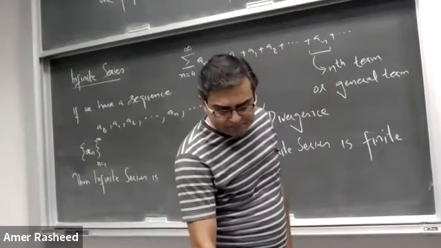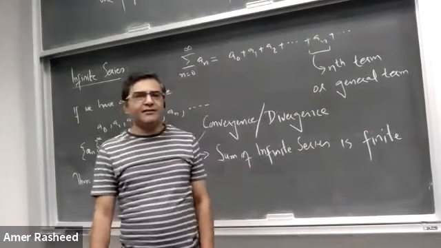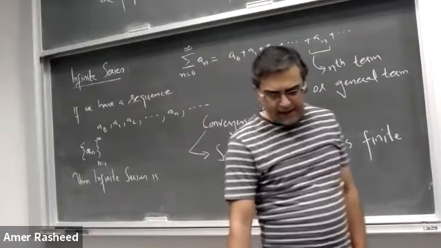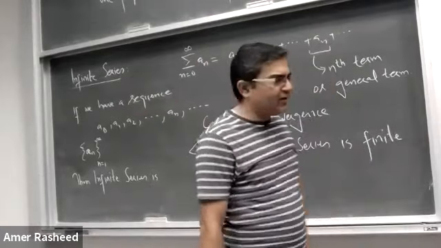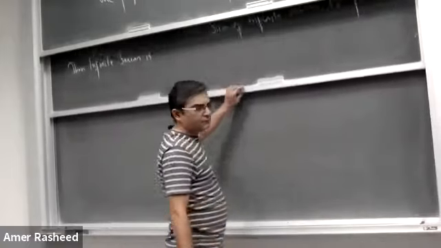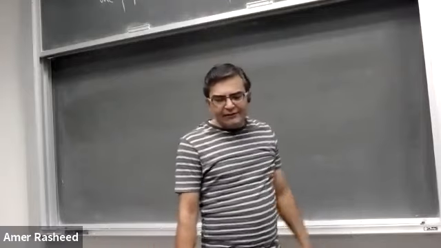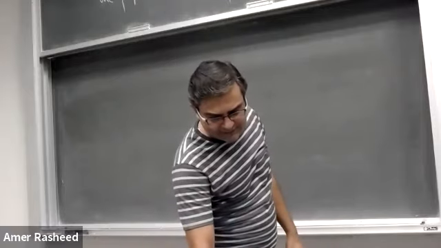So how do we compute whether a given infinite series is convergent or not? We basically construct a sequence of partial sums. What is a partial sum?